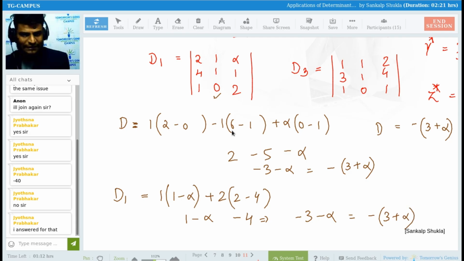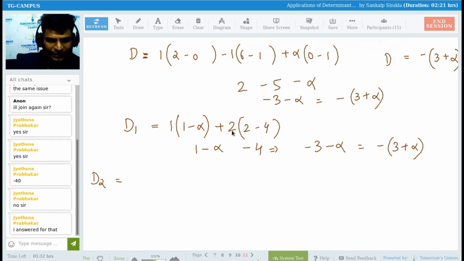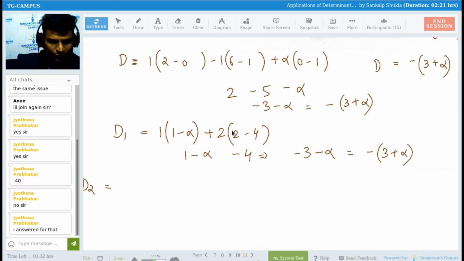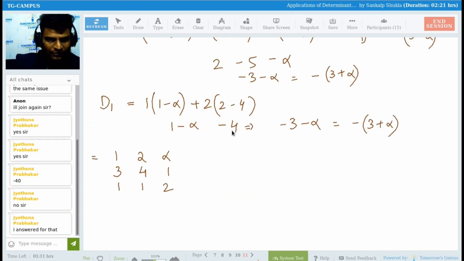So we have D and D1 equal. Now I'll find D2 and D3. What is the determinant D2? It is 1, 2, alpha, 3, 4, 1 and 1, 1, 2. Yes, the same determinant.